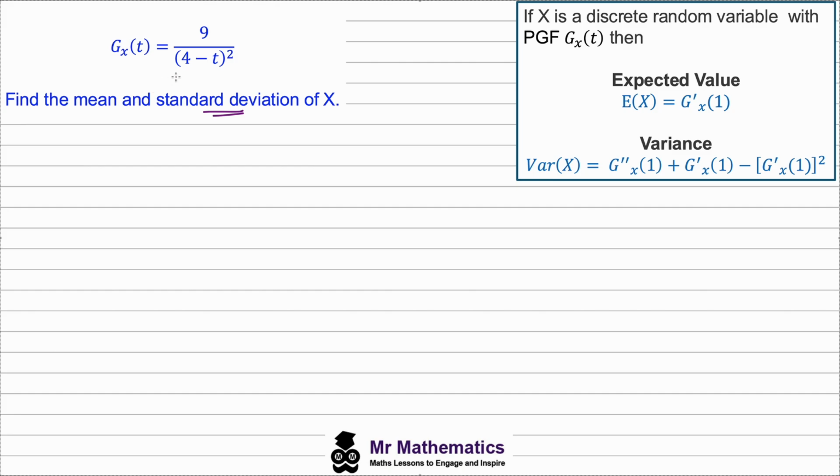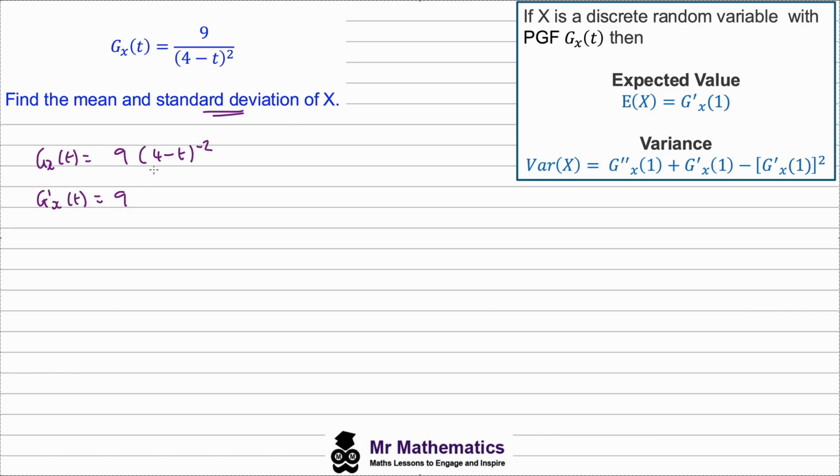To work out the first derivative, I'm going to move this 4 minus t squared to the top. So we'll get 9 multiplied by 4 minus t to the negative 2. This lets us use the chain rule rather than the quotient rule to differentiate, which is much easier. So the first derivative will have 9.